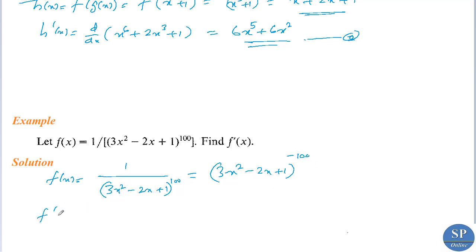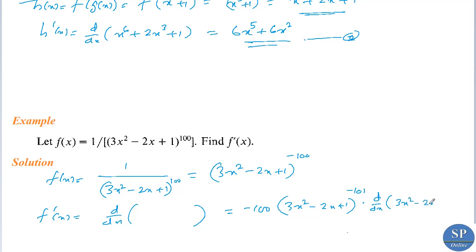So f dash of x is equal to d by dx of this, which is nothing but minus 100 into 3x square minus 2x plus 1 power minus 101 into d by dx of 3x square minus 2x plus 1.